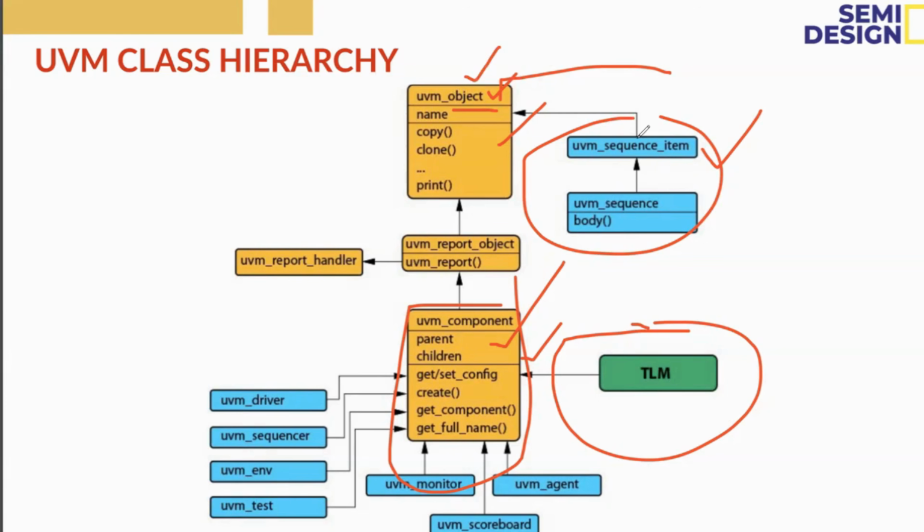You need to understand the logic here. UVM object is the parent class for UVM sequence, and UVM component is also a child of UVM object. For these two, UVM object is the parent.